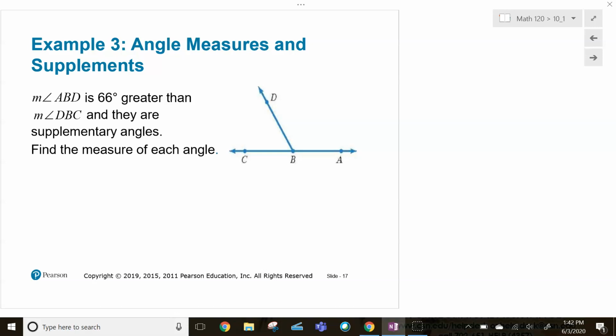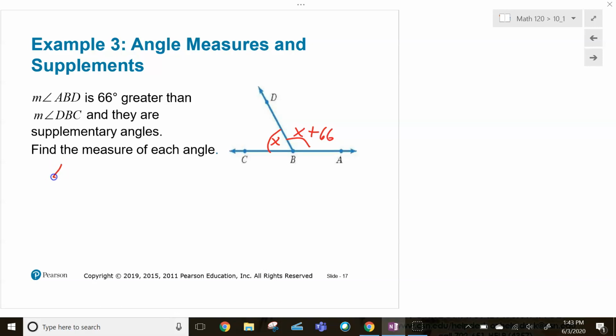So ABD and DBC add up to 180, and you can see that it looks like they do. If angle ABD is 66 more than DBC, I don't know what DBC is, so let's call it X. Then this one is 66 more than that, so let's call it X plus 66.